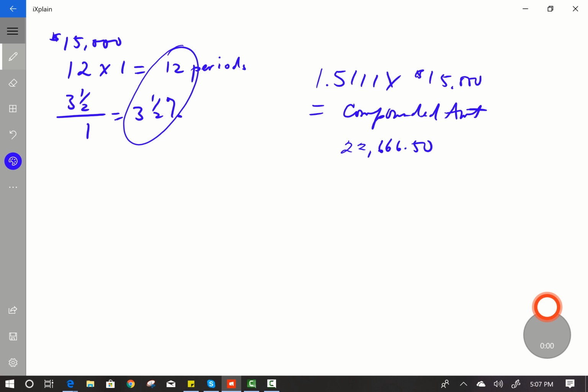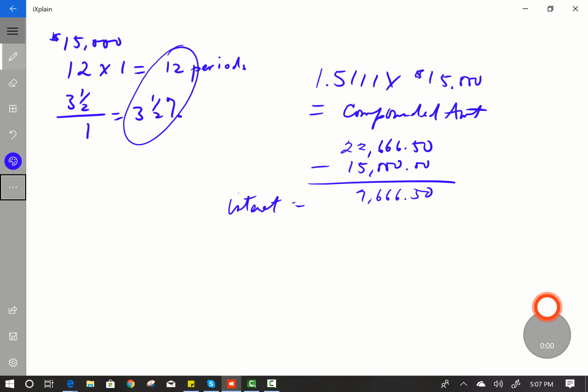How much interest did I earn? Well, just subtract out the initial investment of $15,000, and that will equal the interest. And the interest will be $7,666.50.